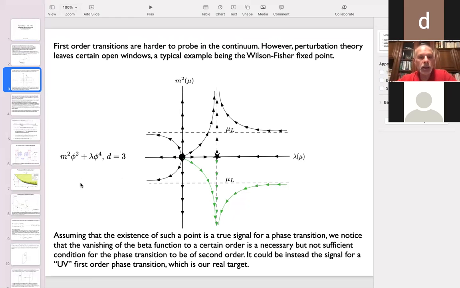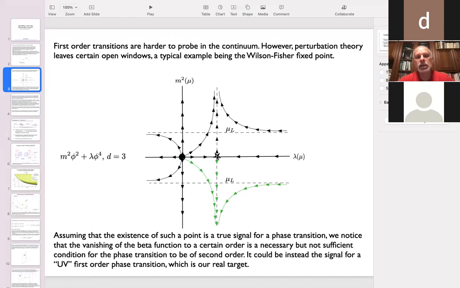This means that maybe the one loop beta function vanishes, but that doesn't mean that the 2-loop beta function or the 3-loop beta function will vanish. It's just saying that the system is trying to become second order, to have a continuum limit at this internal point, but it may or may not reach the continuum limit.